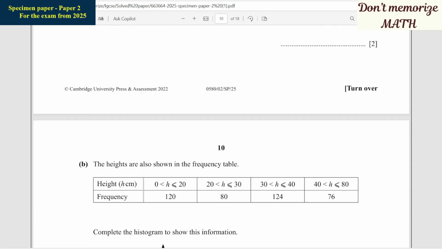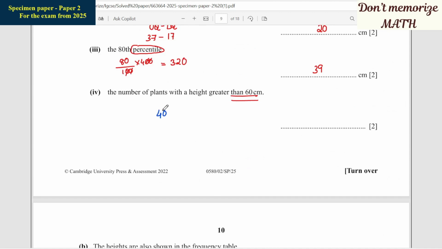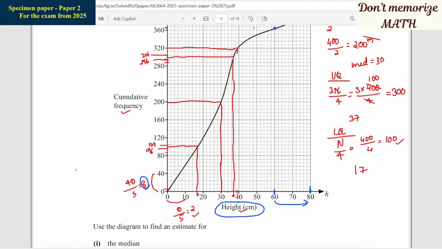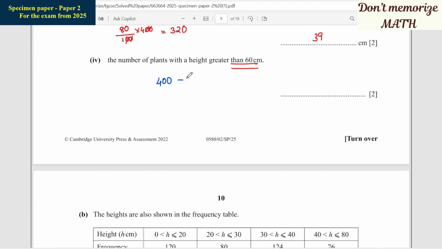So 400 minus, what is the next value for 60? We got 364. So 400 minus 364 is 36. So we get 36. Okay.